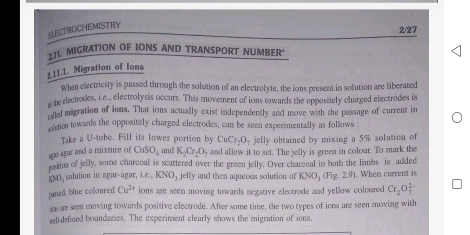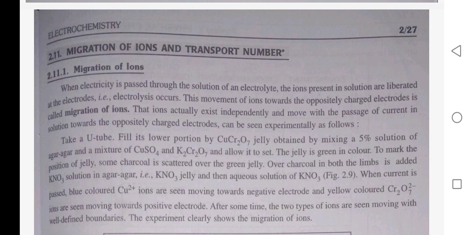Take a U-tube. Fill the lower portion with CuCr2O7 jelly, obtained by mixing a 5% solution of agar-agar and a mixture of CuSO4 and K2Cr2O7 and allowing it to set. The jelly is green in color. To mark the position of the jelly, some charcoal is sprinkled over the green jelly.